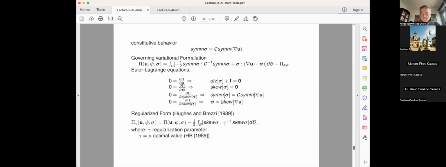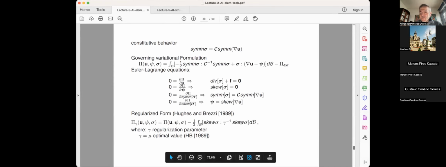Then there is the work of Hughes and Brezzi, the latter being a mathematician, where they handle the Babuska-Brezzi condition, meaning the ability to treat the mixed formulation and introduce any convenient finite element interpolation. They showed why you need to regularize such a variational formulation, and the regularization happened to be with this regularization parameter gamma, and you add a quadratic form in the skew symmetric part of sigma.